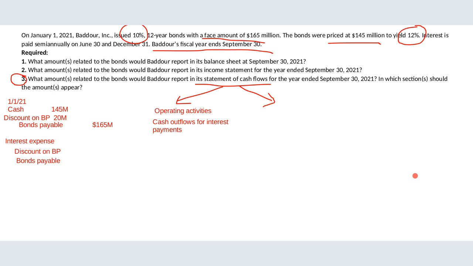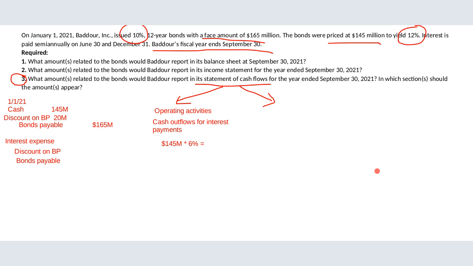So in terms of our interest expense, we begin with the 145 million. This is semi-annual, so the rate will be 6%. So my interest expense will be 8.7 million.